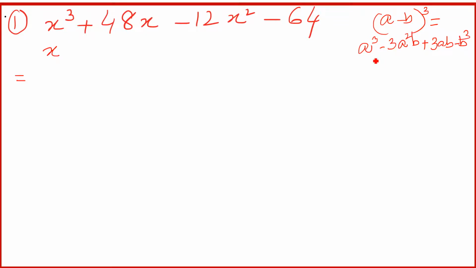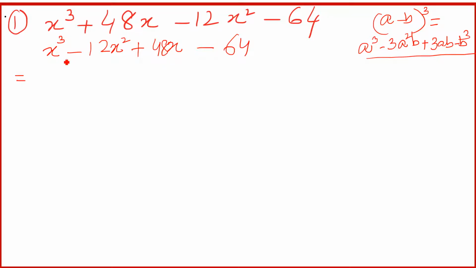Always see, the first term is positive, x cube, write down. Second is negative, so minus 12x square. And third one is positive, 48x, and the last one is negative. We have to arrange according to this formula: first positive, then negative, then positive, then negative. And this is a polynomial, and there are 4 terms, 1 2 3 4.